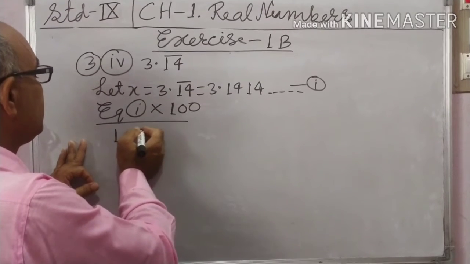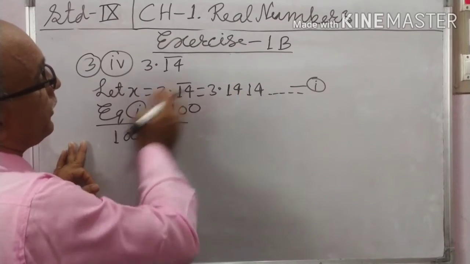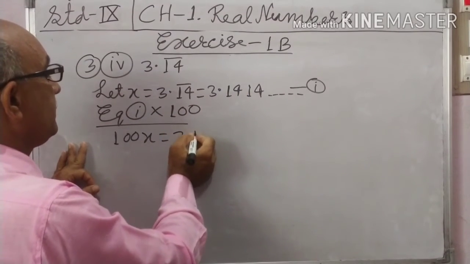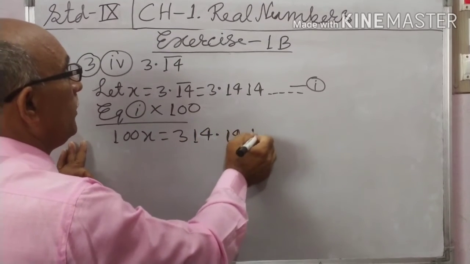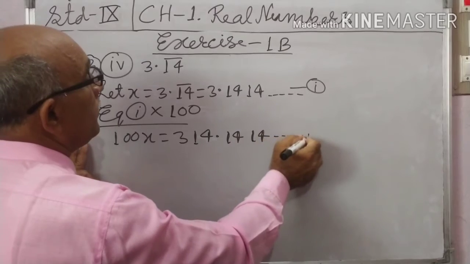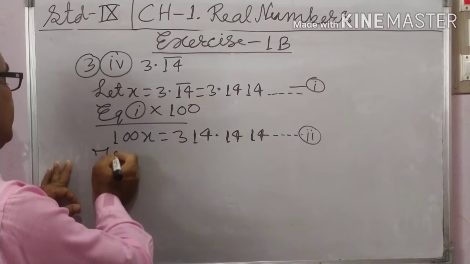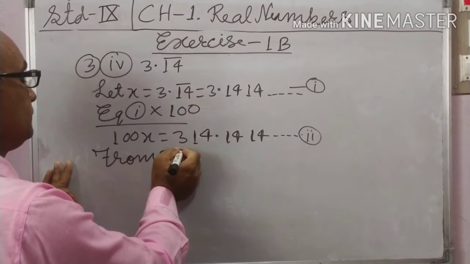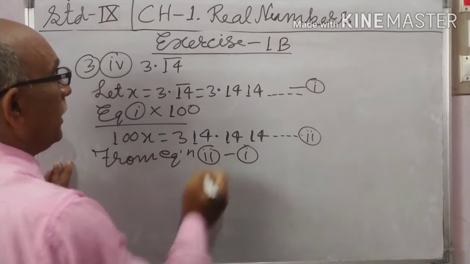100x equal to, it is multiplied by 100, so 14, decimal after 14, so 314.1414 dot dot dot, equation 2. From equation 2 minus 1.